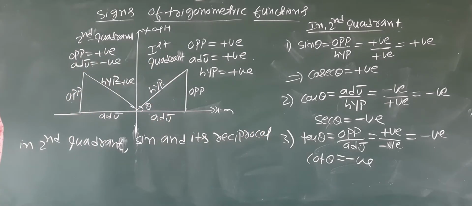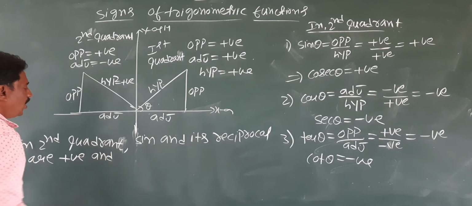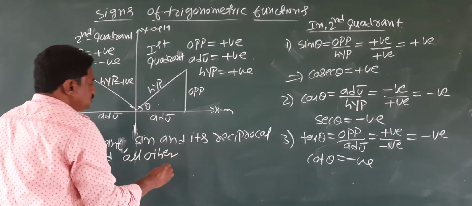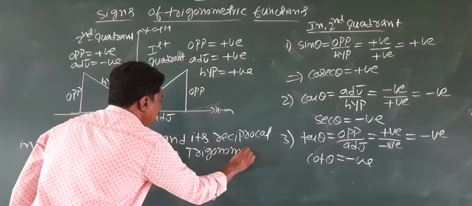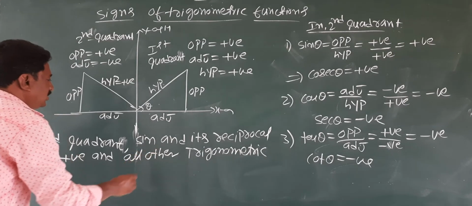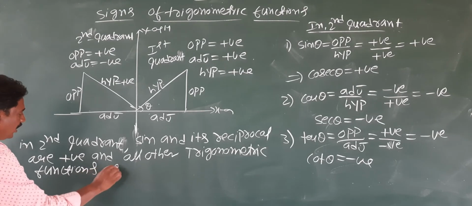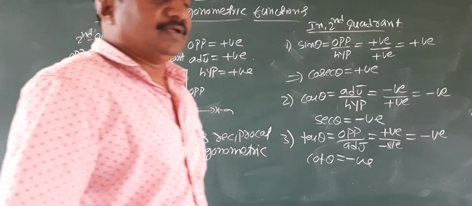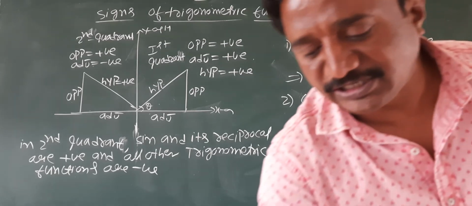Sin and its reciprocal are positive, and all other trigonometric functions are negative. In the second quadrant, only sin and its reciprocal are positive, and the other trigonometric functions become negative.